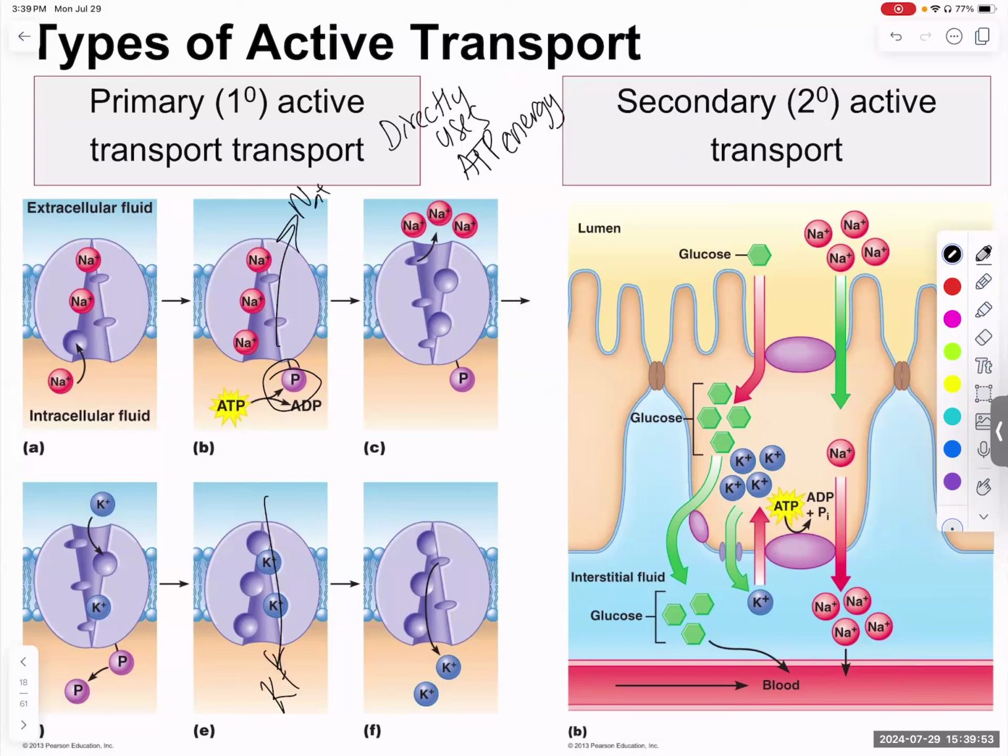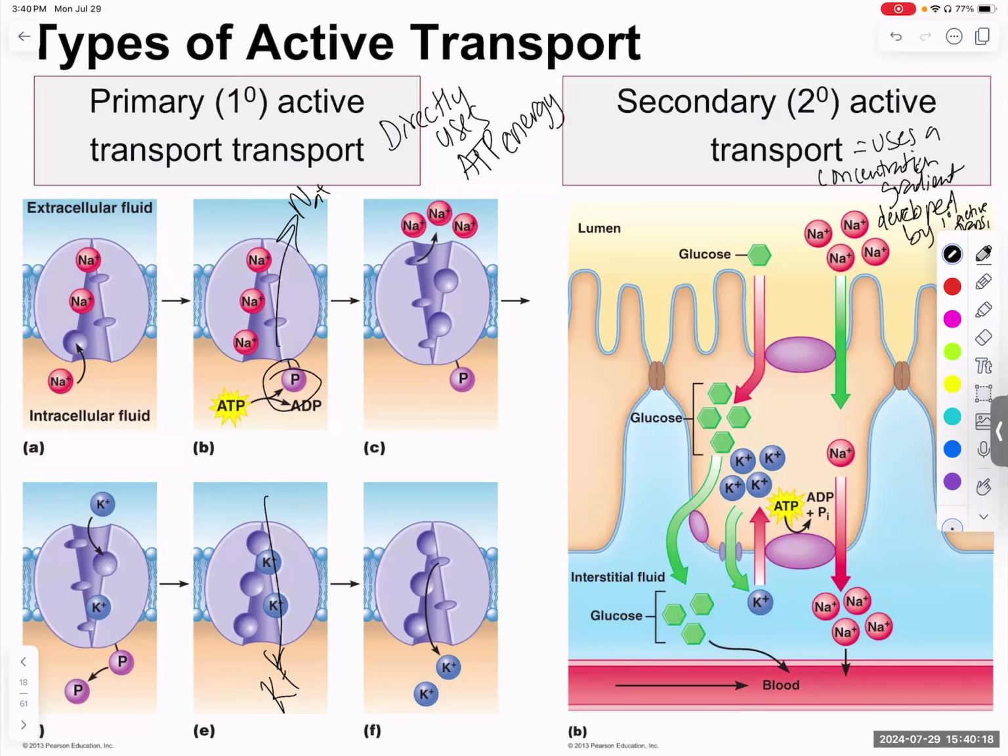So it's called the sodium potassium pump. It's pumping both sodium and potassium. There's also secondary active transport, uses a concentration gradient developed by primary active transport.